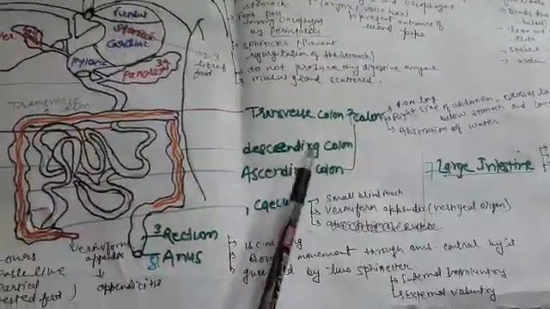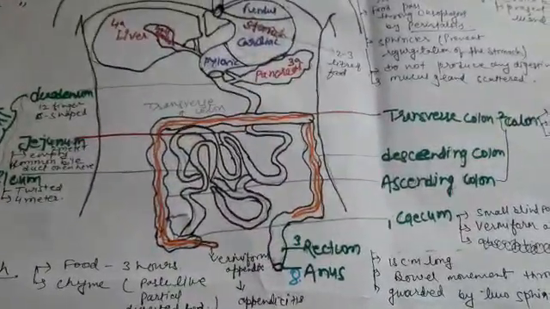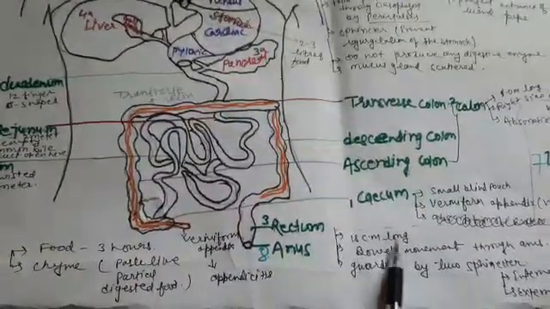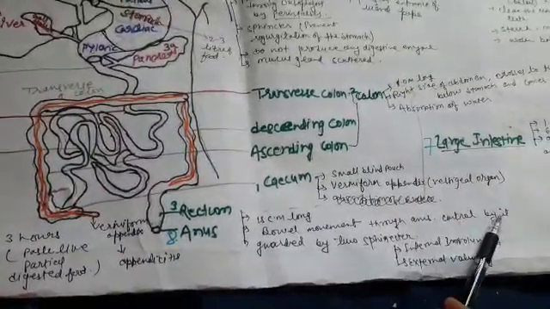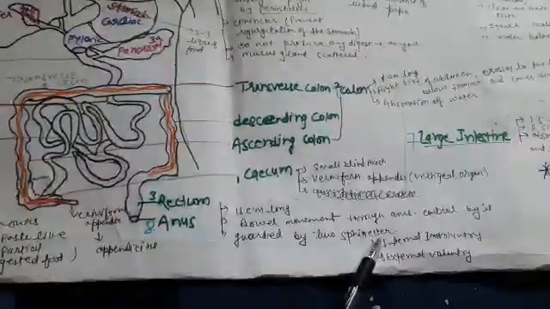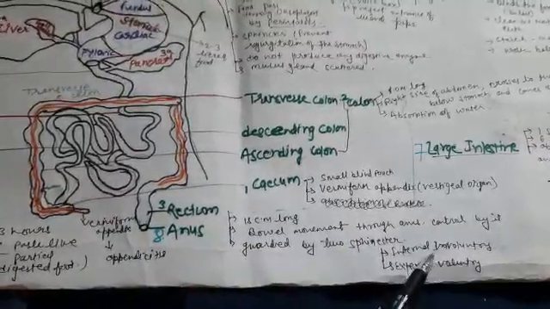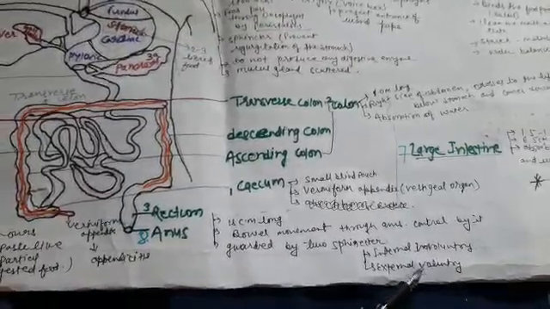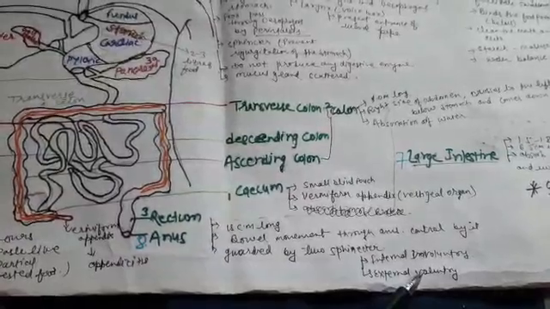Now the third part of the large intestine is the rectum. It is 15 centimeter long. Bowel movement through the anus is controlled by it, and this movement is guarded by two sphincters, internal involuntary and external voluntary. What is the meaning of involuntary? Which is not in our control, and voluntary movement is that which is in our control.